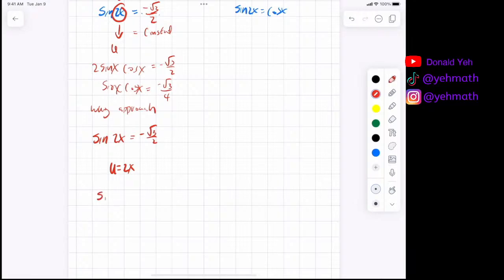Well, I can solve for u now. It doesn't work for the other case though, because you'd have cosine of u equal to cosine of x, and that just gets worse. This one is better because it's already equal to a constant, so I just set it equal to u. Now I can solve for u. When is sine u equal to negative square root 3 over 2?